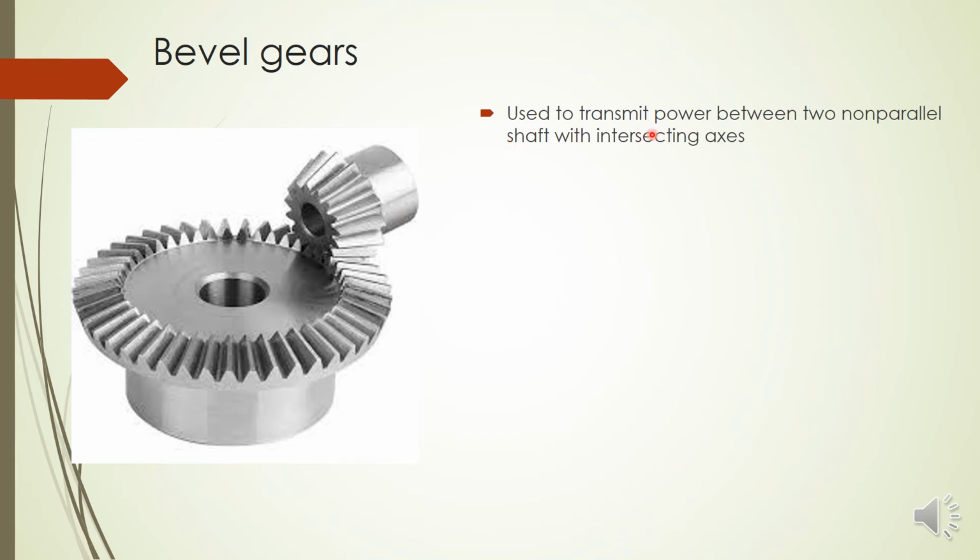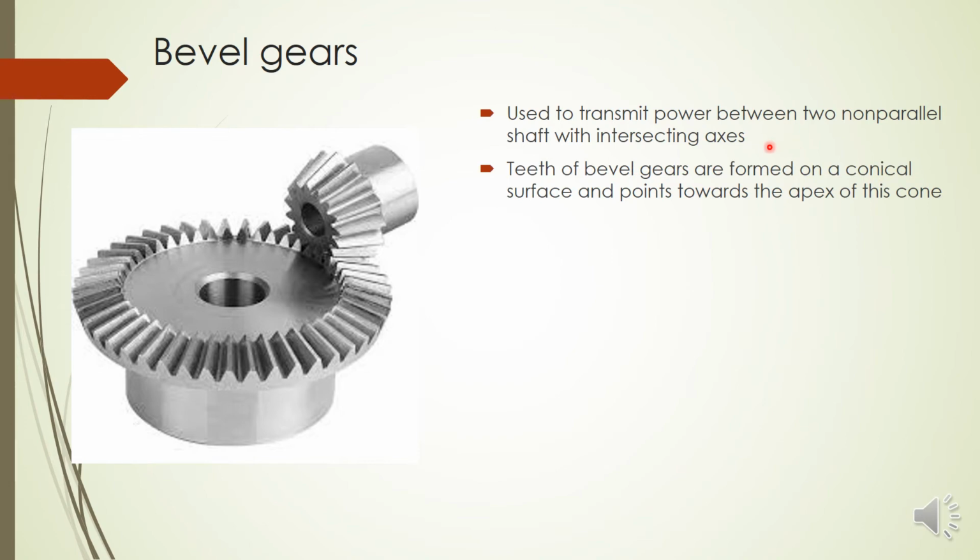So the bevel gear is used to transmit power between two non-parallel shafts with intersecting axes. And the important thing is the teeth of this bevel gear are made on a conical surface. You can see here an imaginary cone, the periphery of an imaginary cone like this.